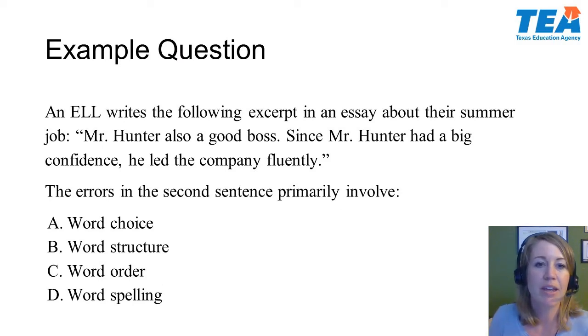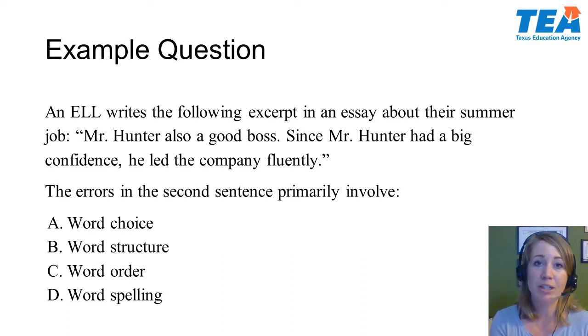An ELL writes the following excerpt in an essay about their summer job. Mr. Hunter, also a good boss. Since Mr. Hunter had a big confidence, he led the company fluently. And the question is this: the errors in the second sentence primarily involve what? I want you to look at clues when you're looking at something like this.